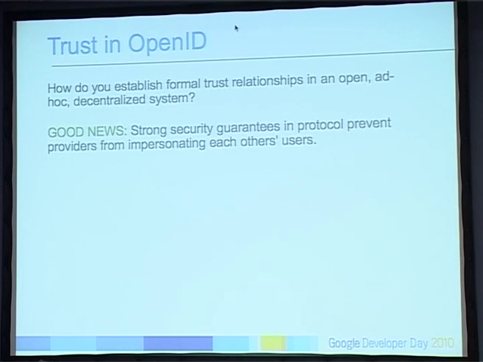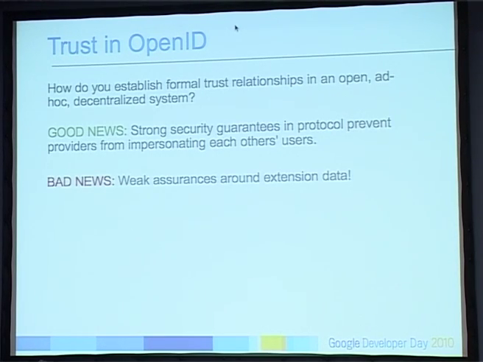Likewise, a Yahoo provider can't assert a Google identity. And an attacker who has his own little server in his garage can only assert IDs on the domains that he controls. So you know that the identity you're getting back is relatively safe to use, assuming that you have a good client library, of course.